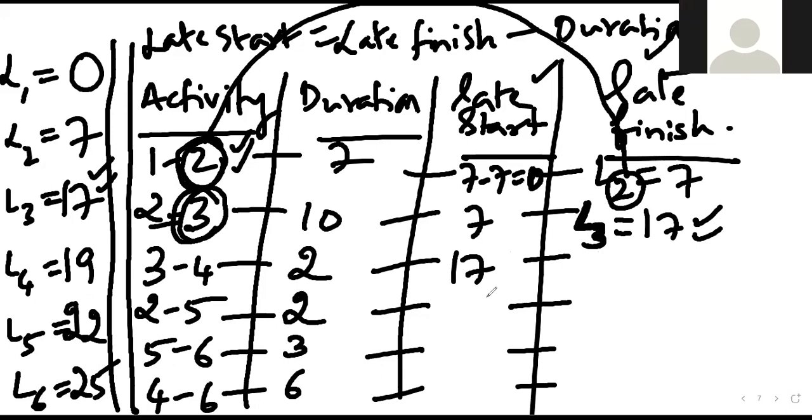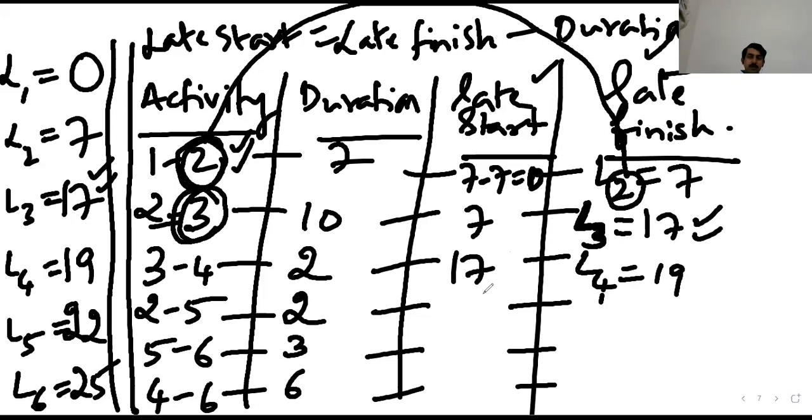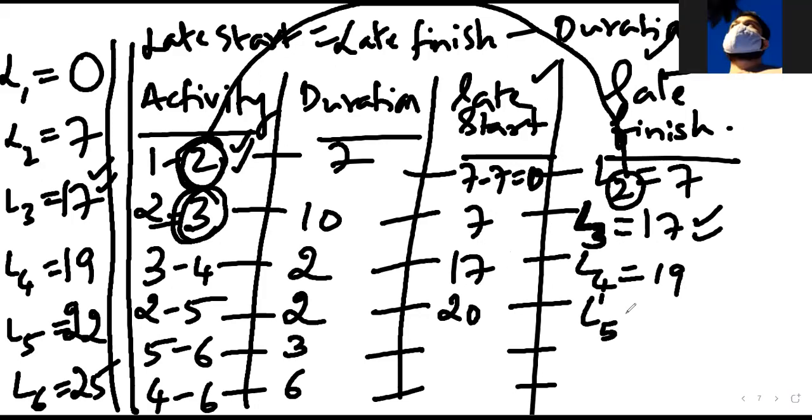Next, late finish. L4 is 19, correct. Yes. Next, 2-5, late start 20, and L5 is 22. L5 is 22, correct.